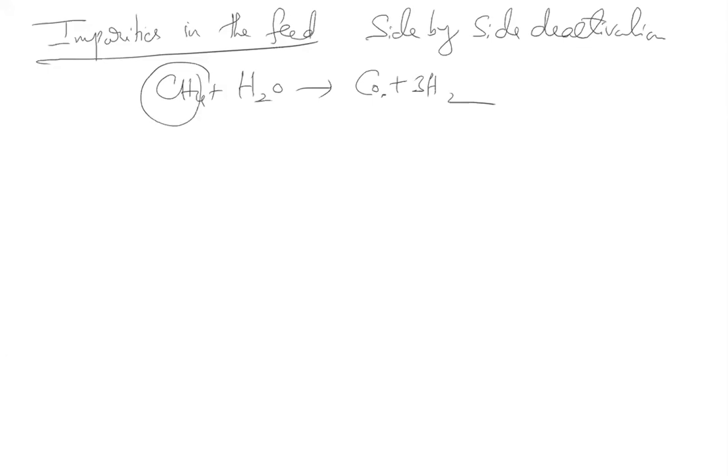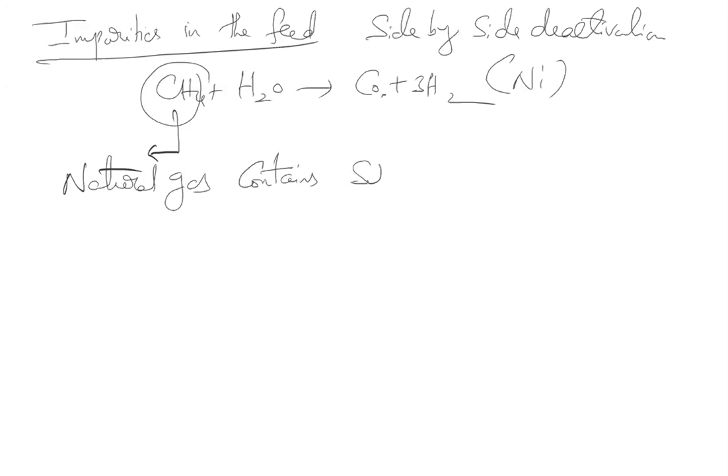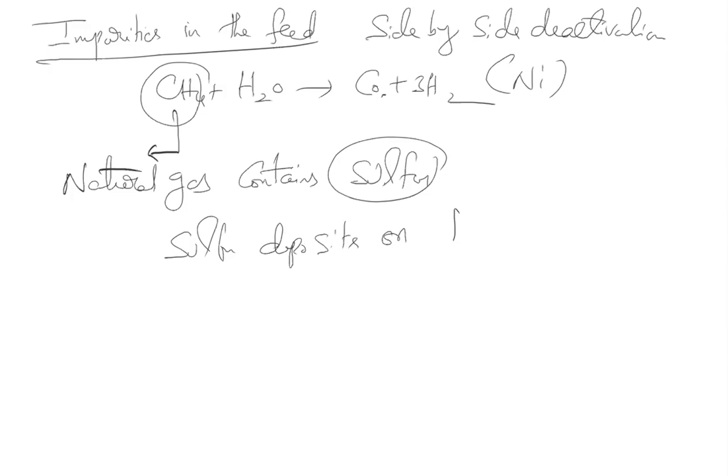Where do you get the CH4? It is natural gas. The catalyst used here is nickel. Natural gas contains sulfur, and this sulfur deposits on the surface and deactivates the catalyst.